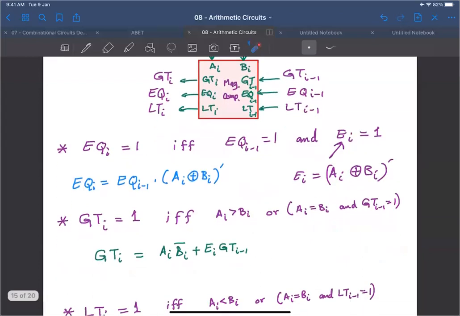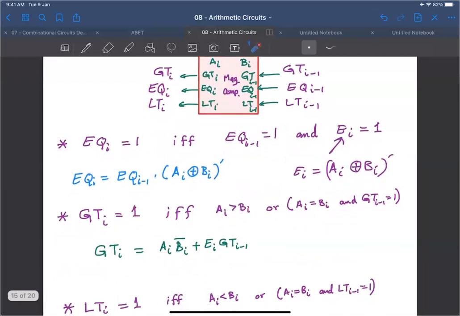So my GTI is going to be AI BI complement, this is AI greater than BI, ORed with EI into GTI minus 1. I can just replace this with the full expression: AI BI complement, ORed with AI XNORed with BI and ANDed with GTI minus 1.